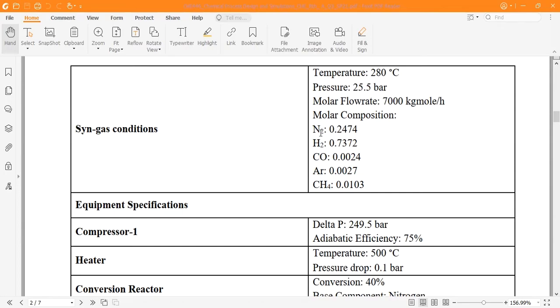The components involve nitrogen, hydrogen, CO, argon, and methane. For the ammonia system, obviously we will add ammonia as a component as well. And for this system, we will be using Peng-Robinson as the property package.